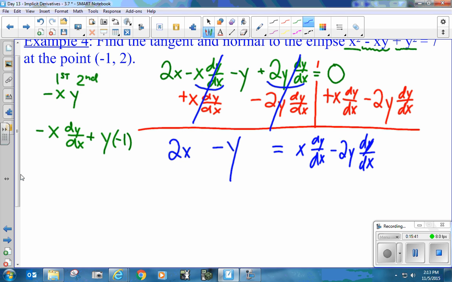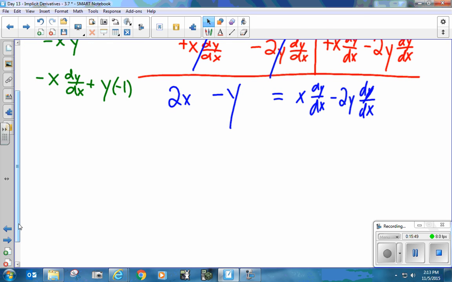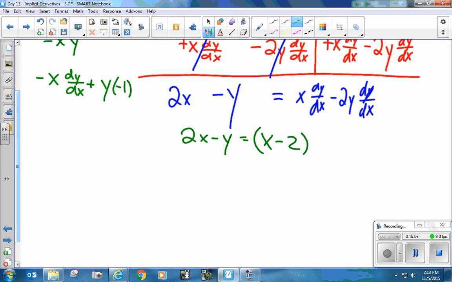This is the brunt of the work. And it's all algebra. It's all algebra. Okay? It is not too much, right? 2x minus y equals x minus 2, and I pull out that dy dx. 2y. Oh, indeed. It's right there.